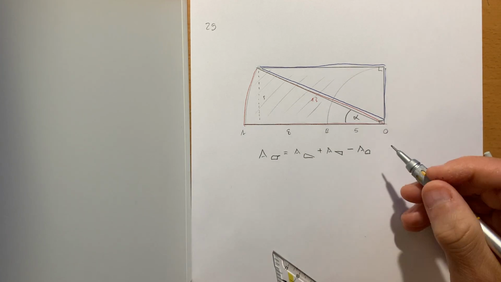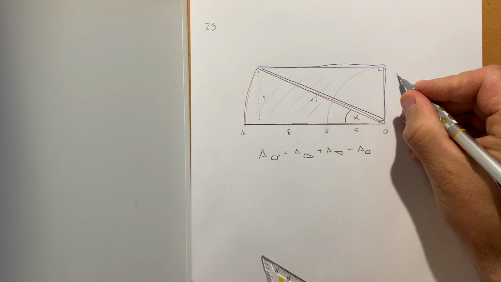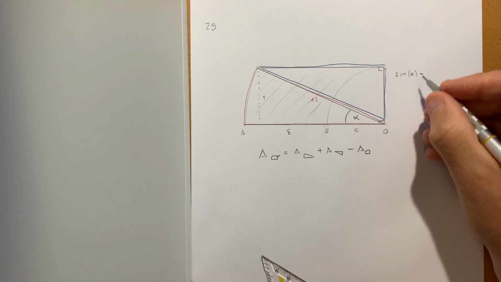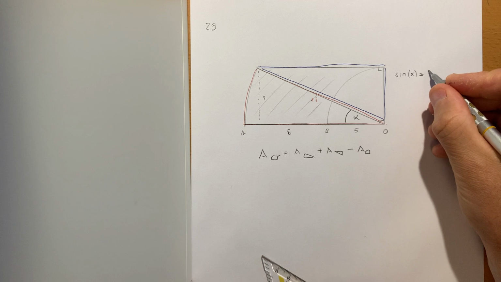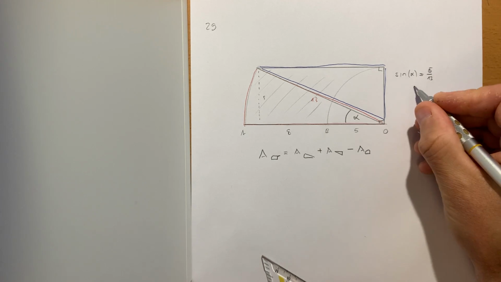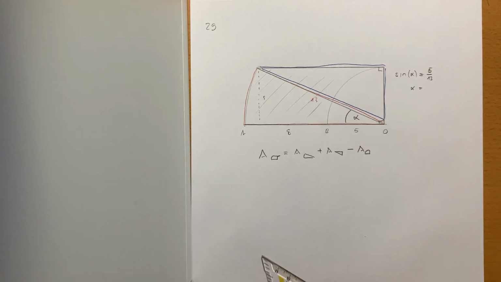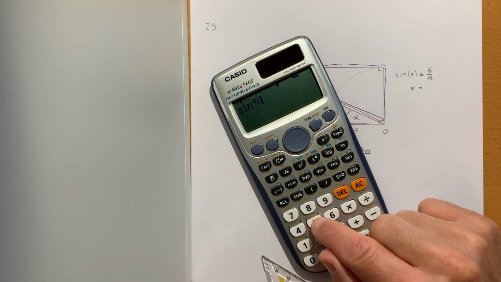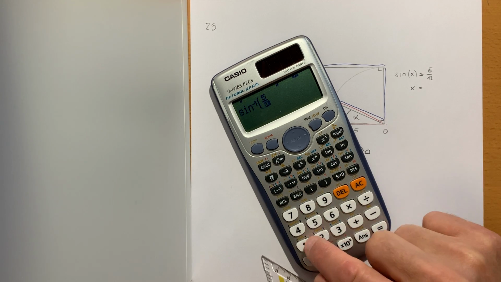So you could use the sine. Sine alpha is opposite over hypotenuse, so 5 over 13. We need the inverse sine in order to work this out. So arc sine of 5 over 13.